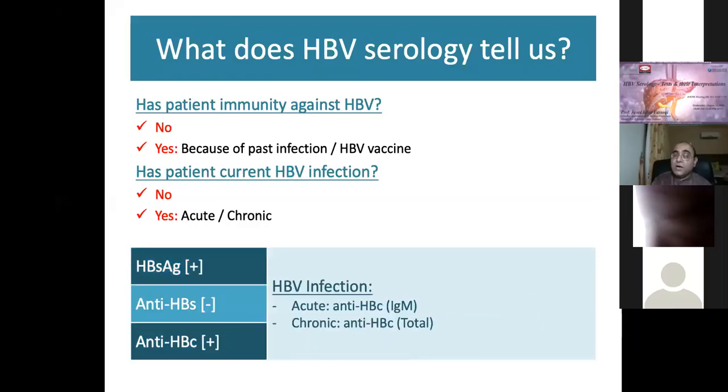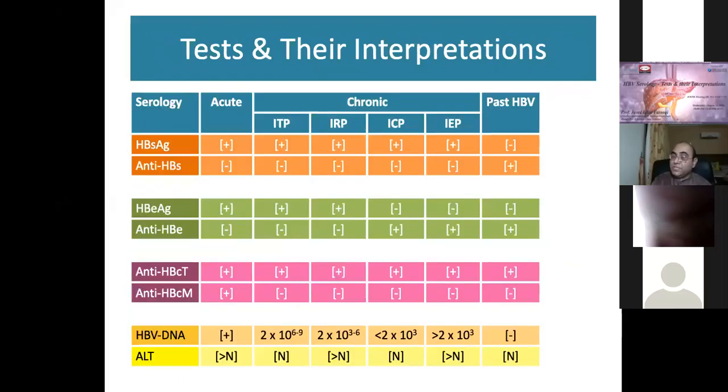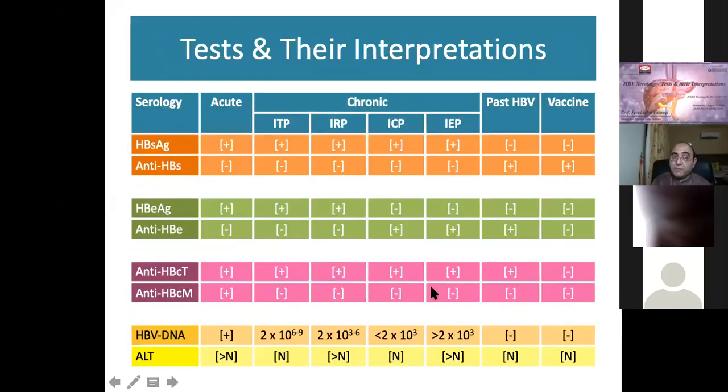So what I told you, this picture, this is very, very important: depending upon the antigen and antibody status, you can put your patient into whether they are in the acute phase, recovered phase, or chronic phase.